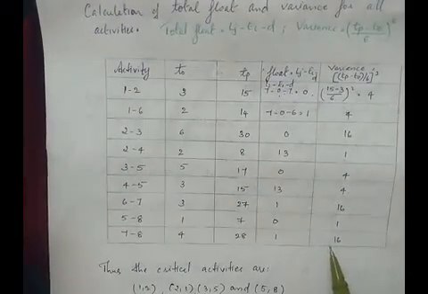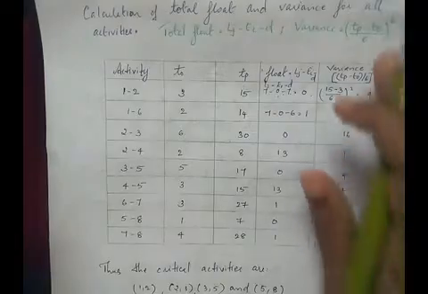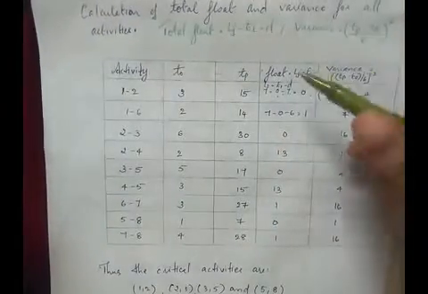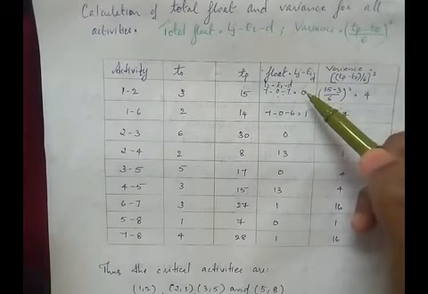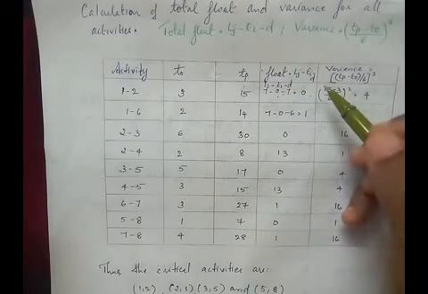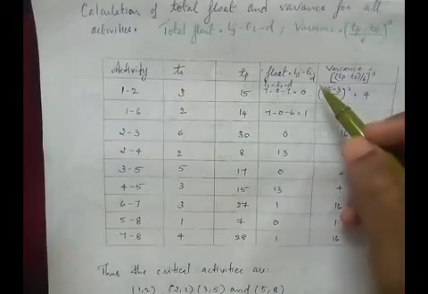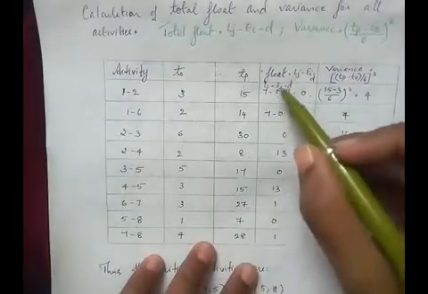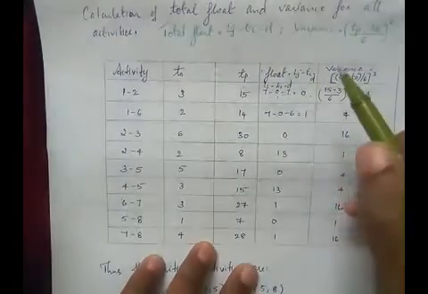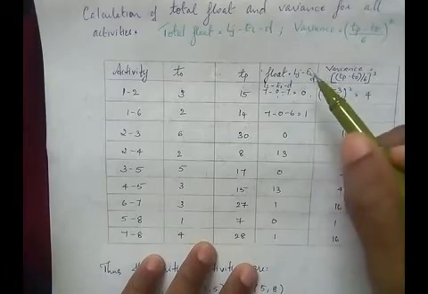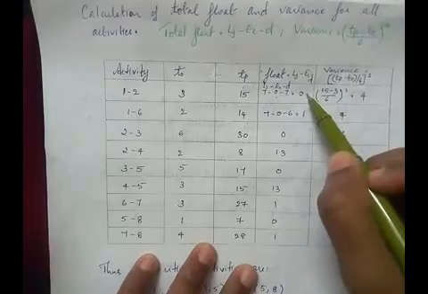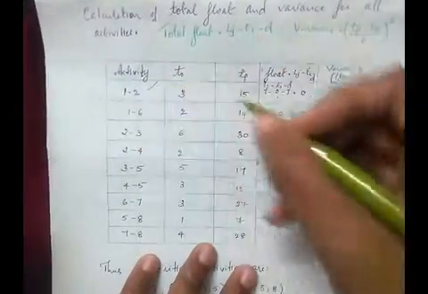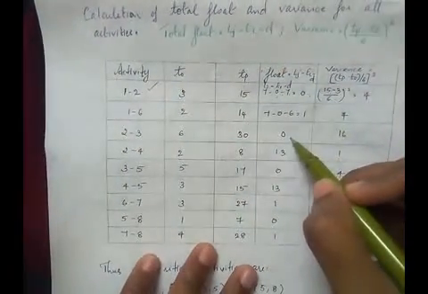Now to identify the critical activities, we know that the activities with total float 0 are the critical activities. Let's look at which are the critical activities for this problem. Mark the activities for which the total float is 0. The first activity has total float 0, so that is a critical activity.